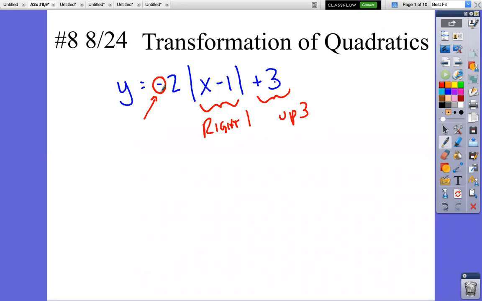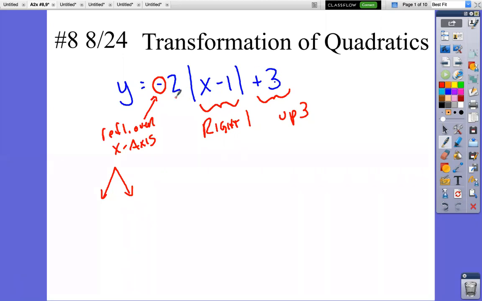Anyone have any idea what that negative means? Yeah, it's reflected over the x-axis. But in plain English, what does that mean? It means all of a sudden it is opening down. So if that a value is negative, it's reflected over the x-axis or it opens down.